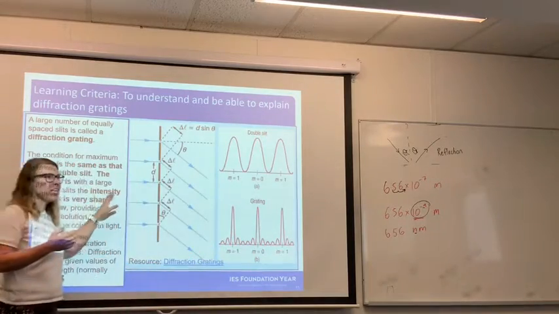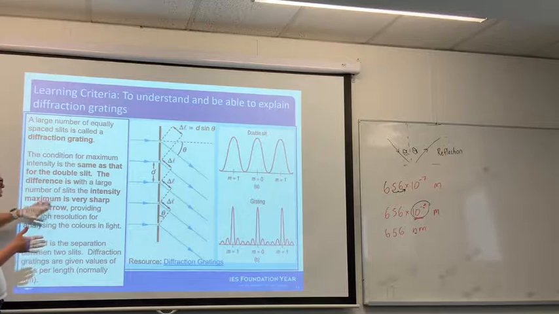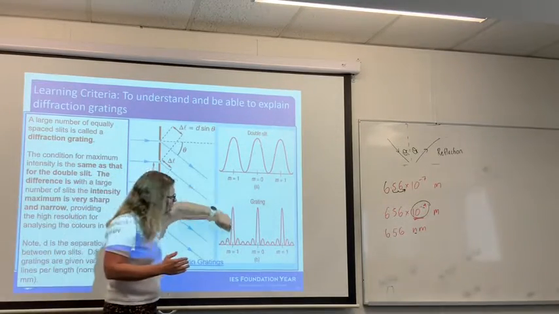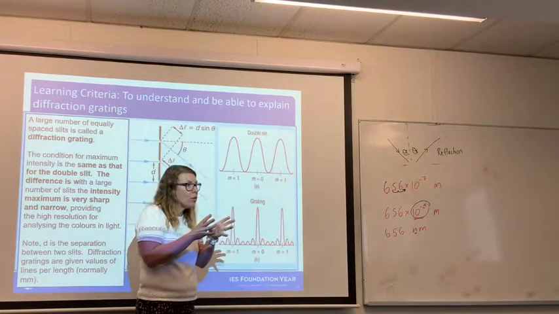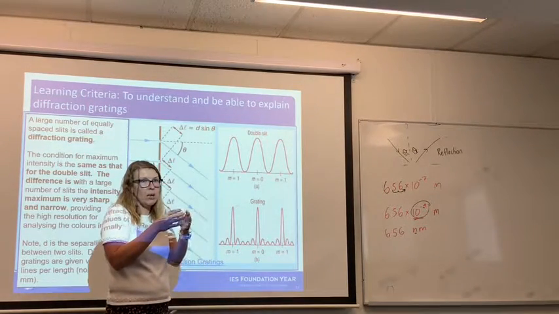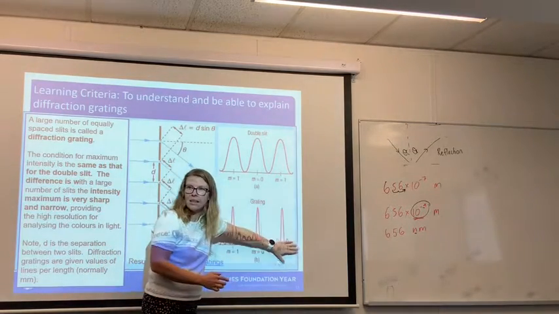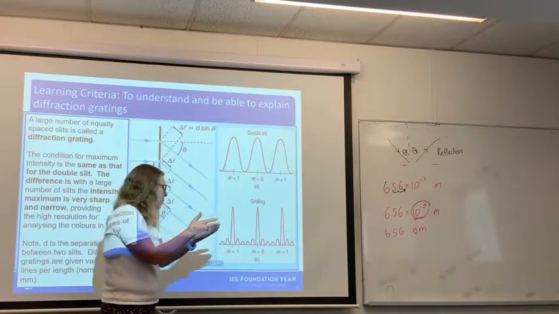So a diffraction grating is what we use to get much more intense, sharp points on the screen. The intensity is maximum and very sharp and narrow. So it's that high resolution point of light because of the way that it undergoes the deconstructive. It really deconstructs more of it, so this is a lot less. And then you get a lot more constructive interference at a specific point.